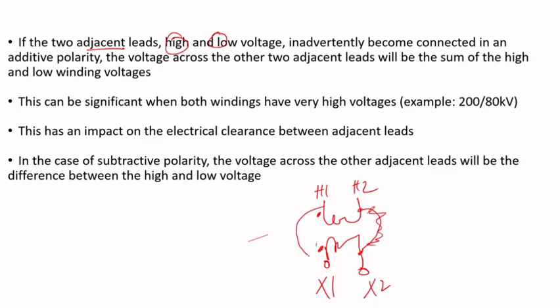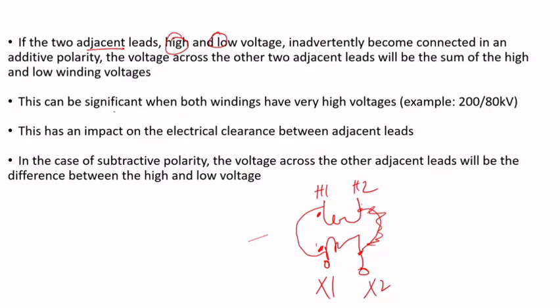If this lead H1 somehow becomes connected to X1, then the voltage between H2 and X2 will be the difference between the high voltage winding and low voltage winding voltages. If it's additive, it will be the sum of the two. So that's one difference between subtractive and additive.